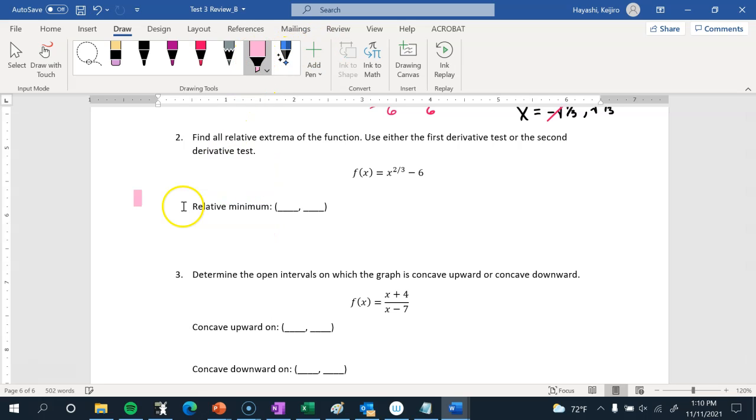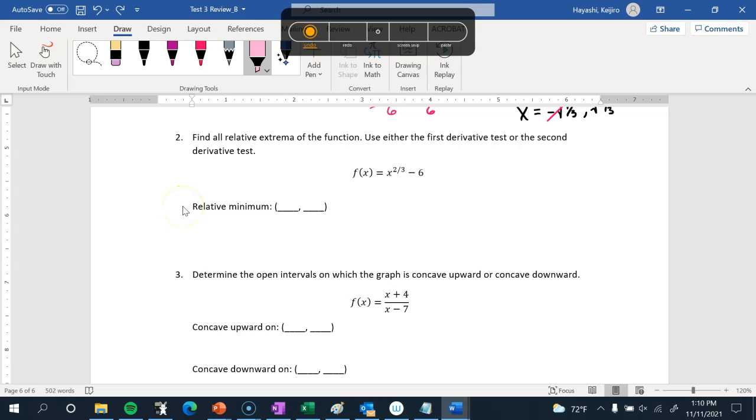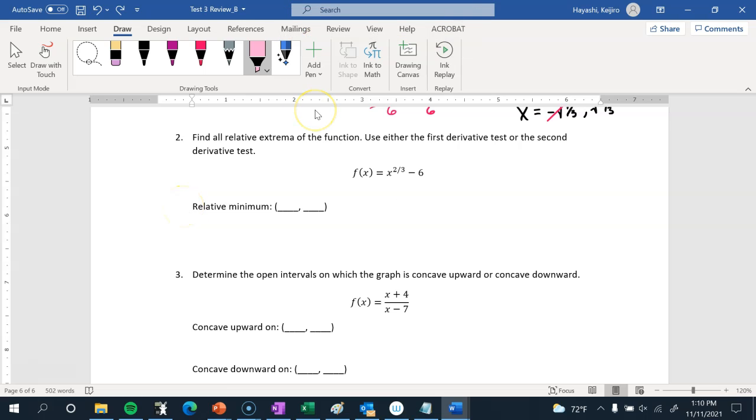So for the second one that you also don't have a printed copy of, you want to find all relative extrema of this function, just the relative extrema of x to the power of 2/3 minus 6.